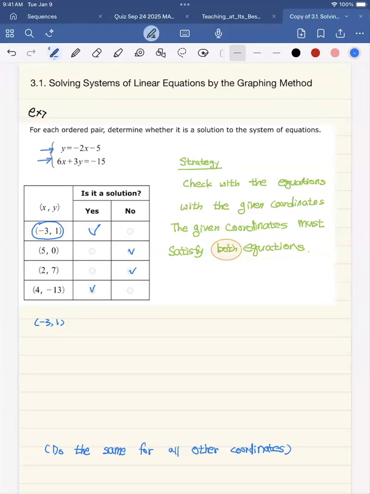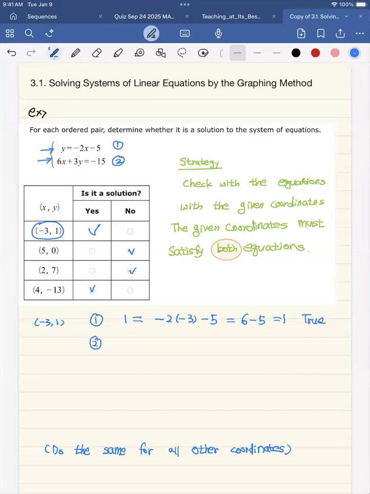For example, if you put -3 and 1 into the first equation, then for the first equation, y equals 1, and the right side is -2 times the x value -3, minus 5, which is 6 minus 5, which is 1. That is true.